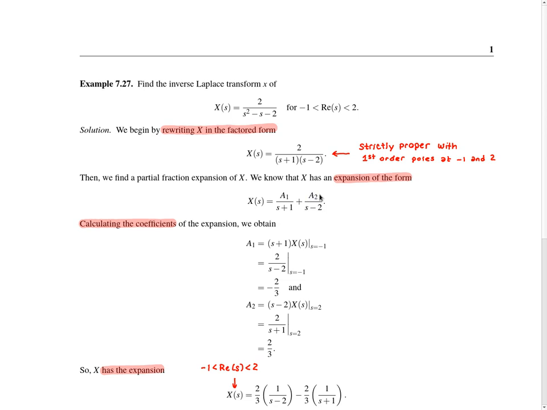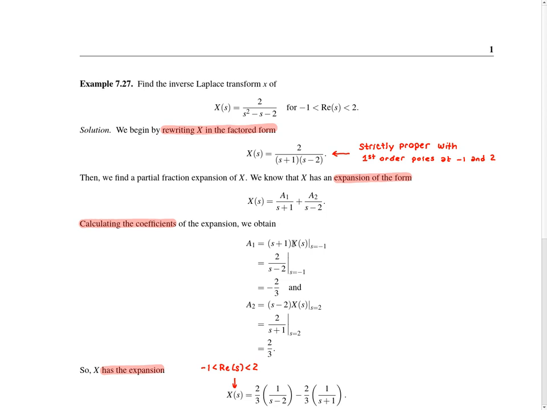Now we proceed to find the coefficients of the partial fraction expansion. First, we find the coefficient a1. Since a1 is associated with the first order pole, the formula that we use to compute a1 is the formula for partial fraction expansion coefficients associated with simple poles. So this is the formula that's being used on the right-hand side here.